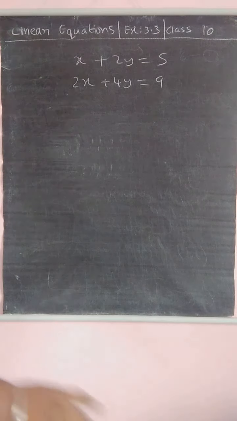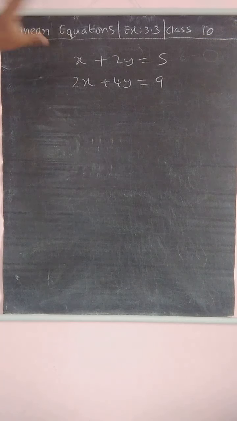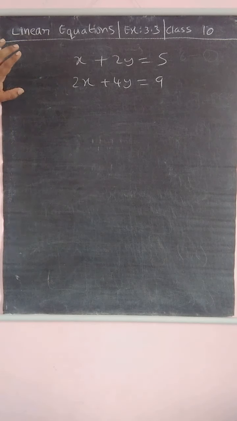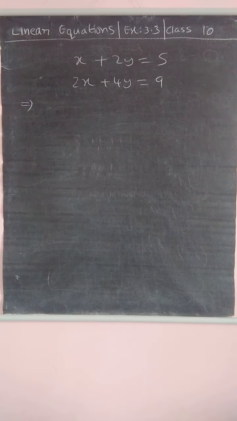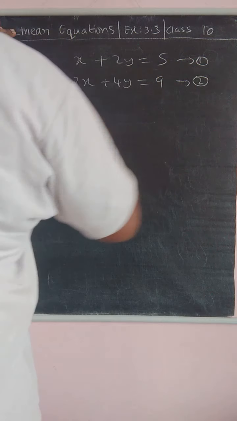Suppose you want to find out the solution. Actually there won't be a solution. Suppose in case you forgot to check whether these are parallel lines, and you follow the usual process, then how do you identify it after finding the solution? So the same, this is equation 1 and this is equation 2.